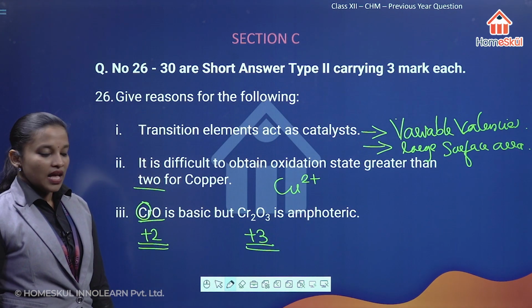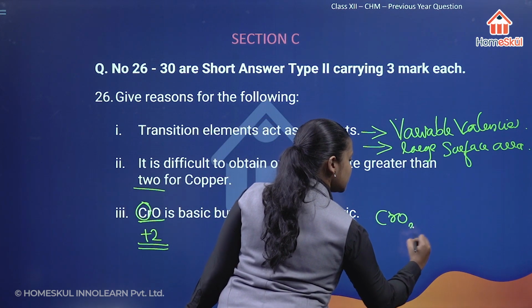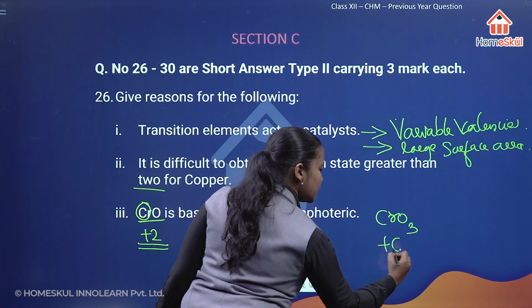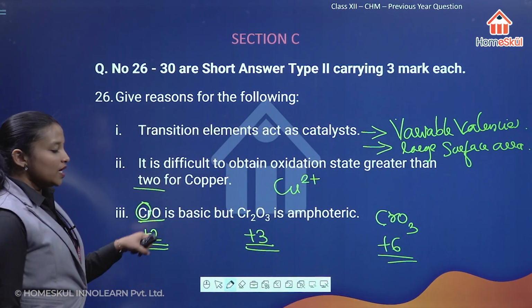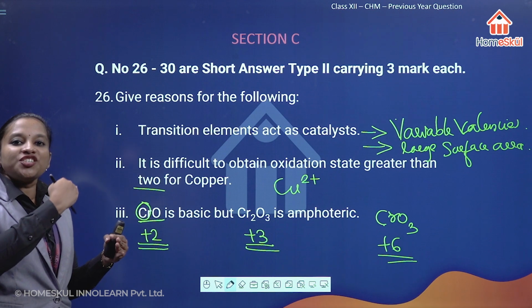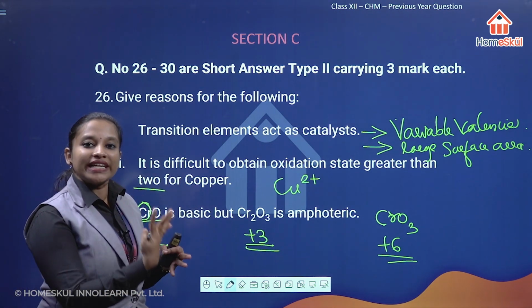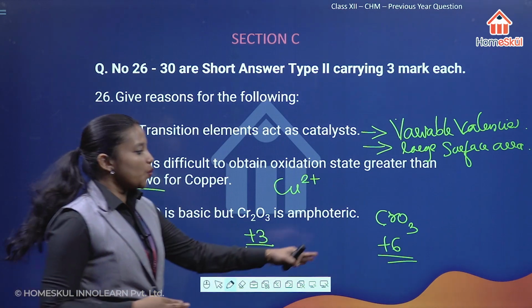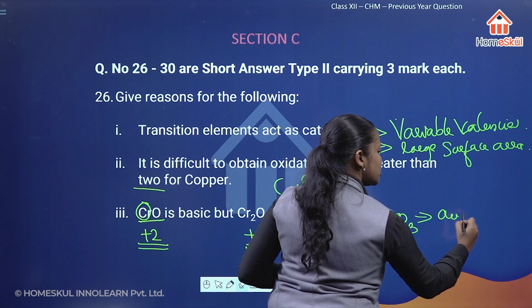And if there is a CrO3 molecule, what happens? The oxidation state will be +6 for chromium. So here we can understand that as the oxidation state increases, its acidic character also increases. So CrO3, which has +6 oxidation state, will be acidic in nature.